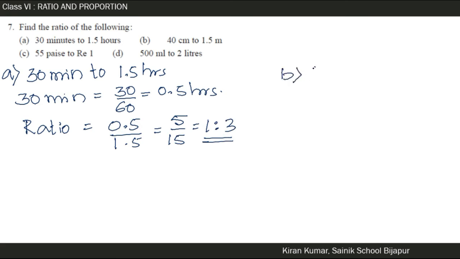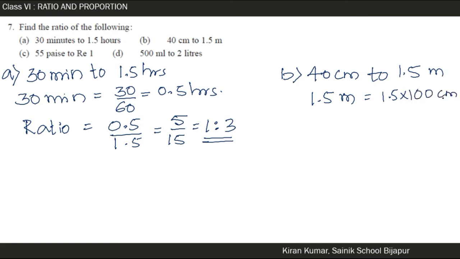And the second one is 40 centimeter to 1.5 meter. This particular thing I'll convert in terms of centimeters so that you'll get a clear idea. If 1.5 meter is there, 1.5 is to be multiplied with 100, so we'll be getting 15 followed by 2 zeros, 1 decimal placed, 150 centimeter.